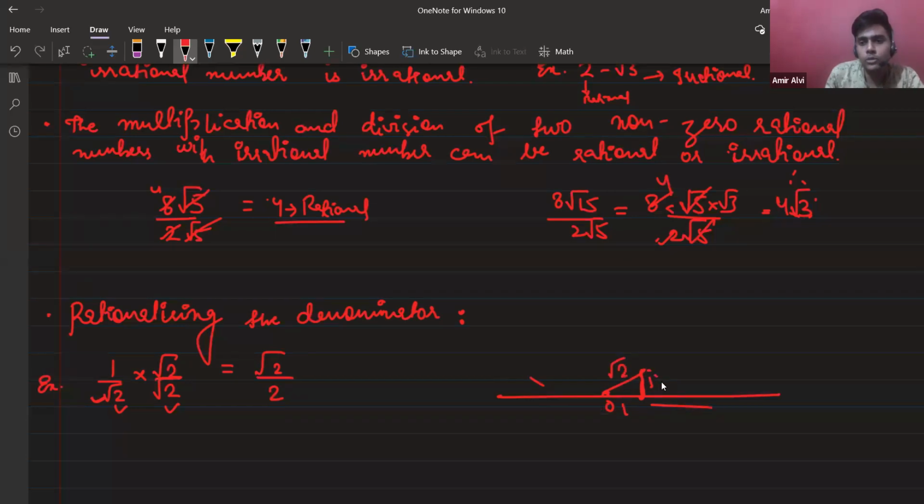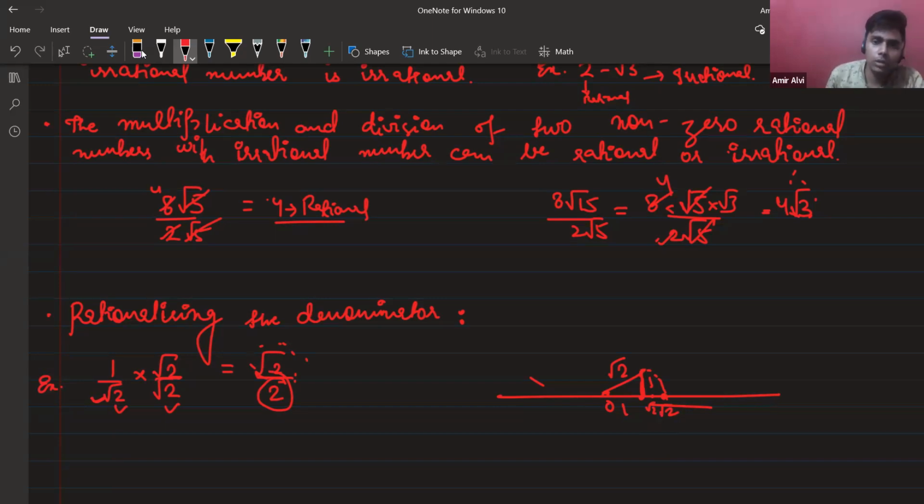So we have represented this number as root 2, and we just have to divide it by 2, we just have to half it. So rationalizing means we are making our denominator a rational number. In some examples, the denominator is irrational, and we have to make it rational.